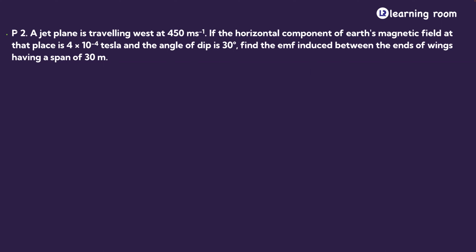So now the second question is, a jet plane is traveling west at 450 meters per second. So speed is given as 450 meters per second.